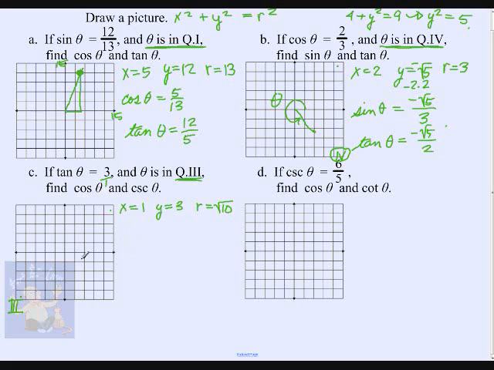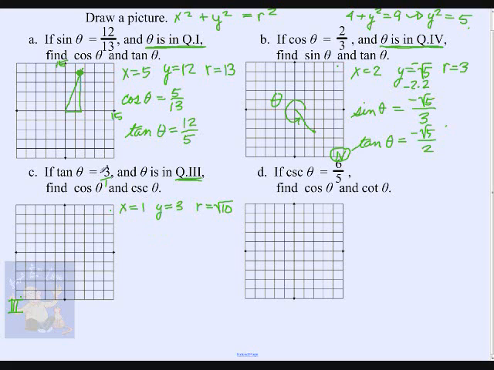So how would I graph that? Well, if I went with this, I would be in the wrong quadrant, wouldn't I? I'd be in the first quadrant. So how can I explain getting into the third quadrant with a 3?